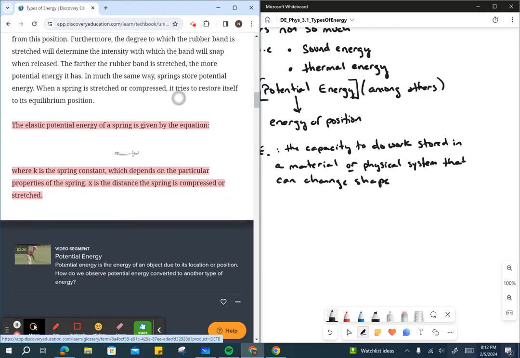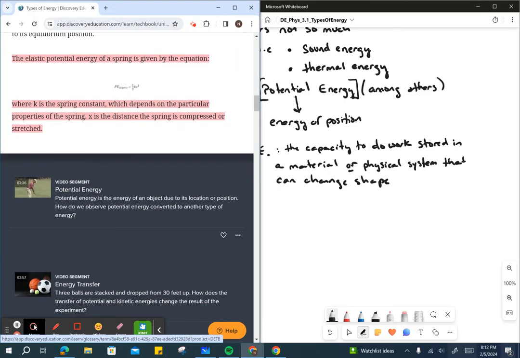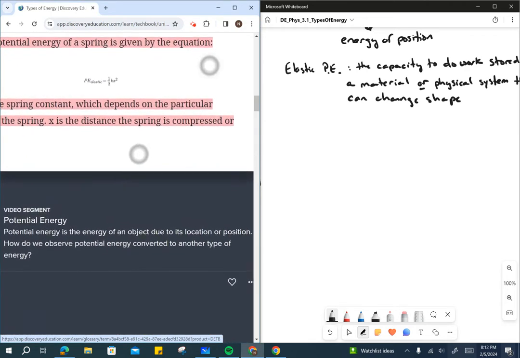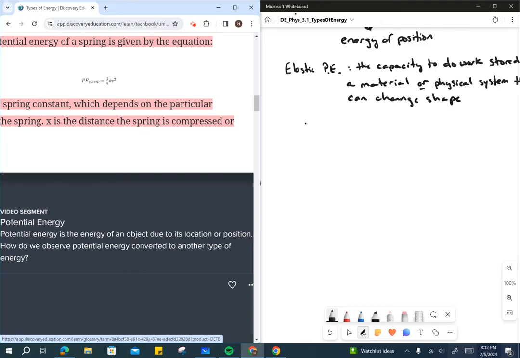Okay, so kind of jumping down here, we can see that for elastic potential energy, they give one of a spring. So, a spring is a good example. Remember, a spring looks something like that, right?